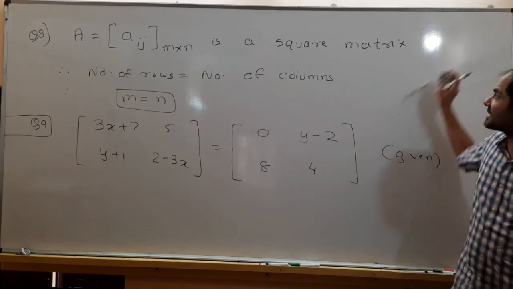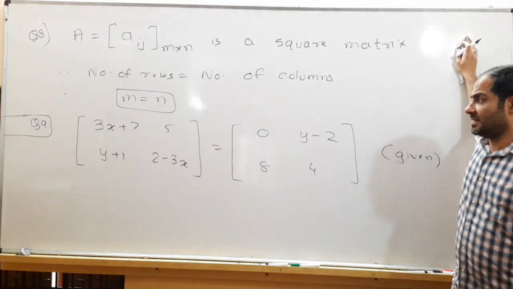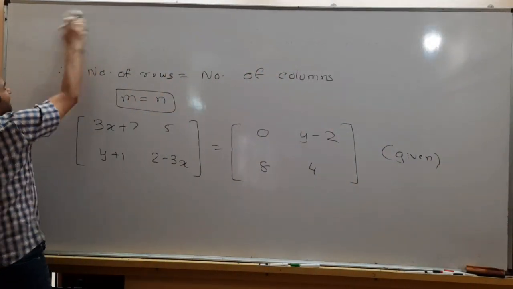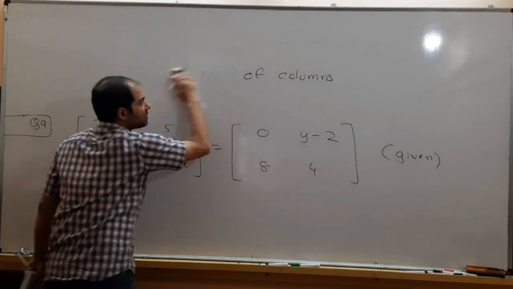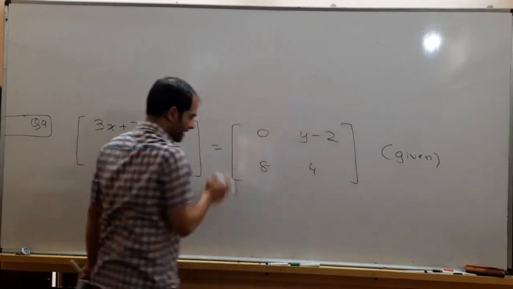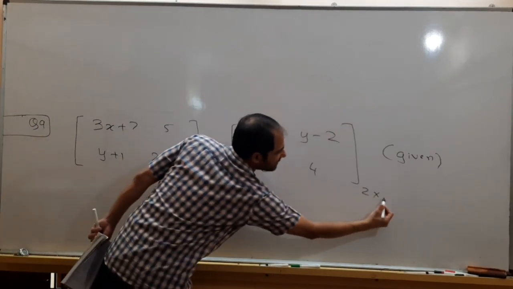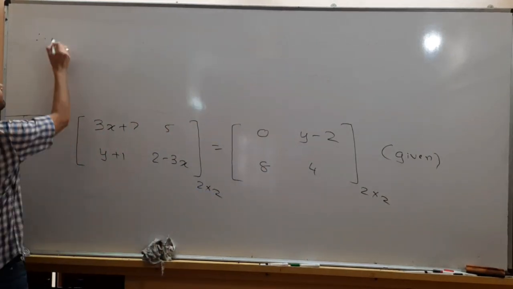Yesterday we discussed that by equality of matrices, each and every corresponding element of the two matrices must be equal. Both of them are 2 cross 2 matrices and they are equal. So we will say the corresponding elements are equal.